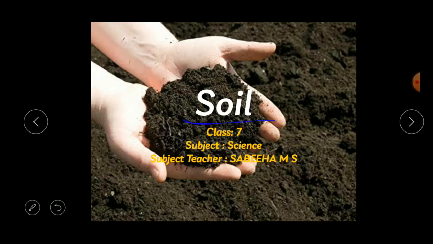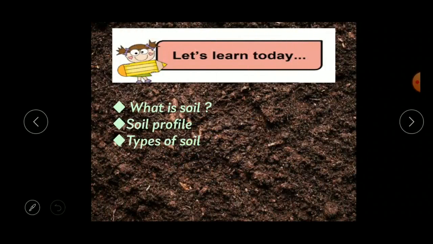Or even in your home you may have observed a thin layer of tiny dust particles on the surface of your furniture, doors and windows. So where does all this dust come from? Yes, it comes from the soil. So, in this lesson, we are going to study what is soil profile and types of soil.